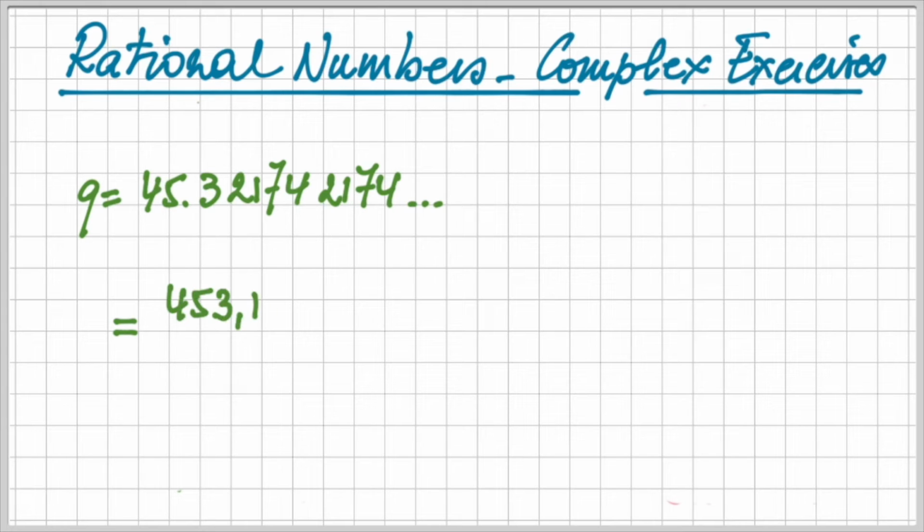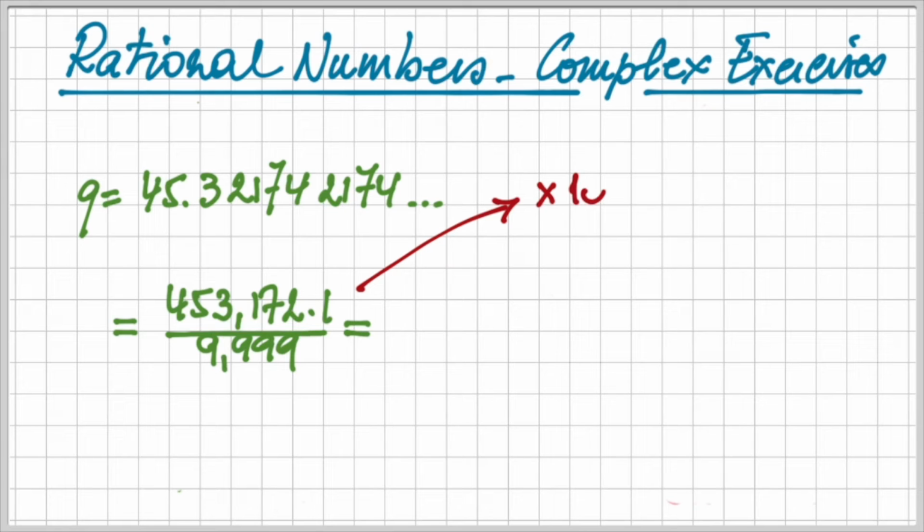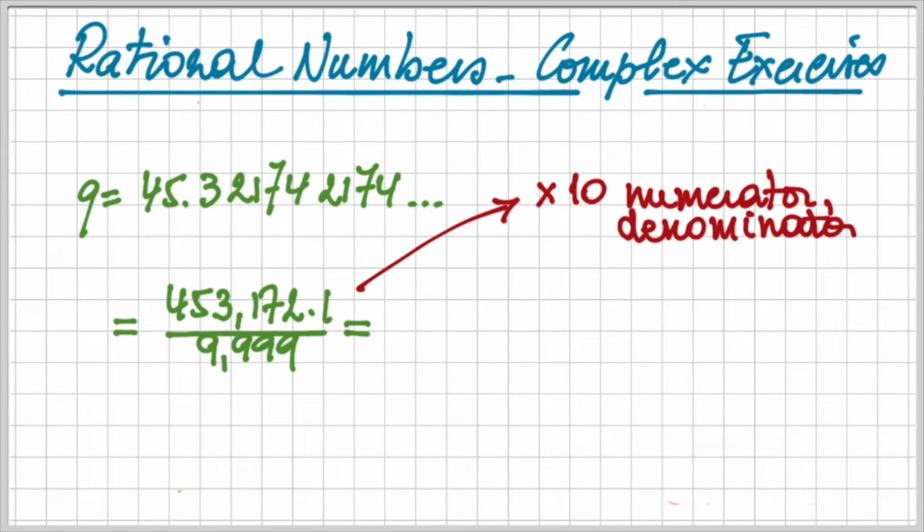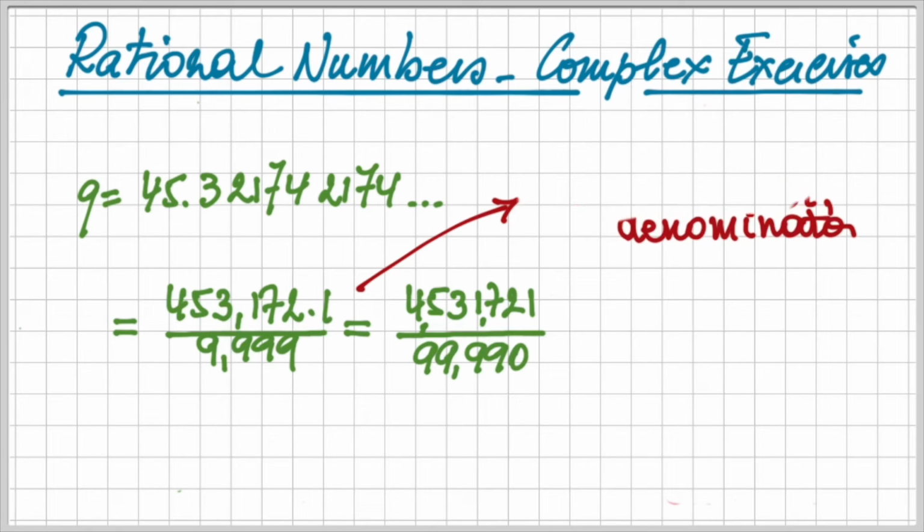So we have the numbers again here, and now we multiply both sides with 10. We multiply the numerator and the denominator with 10, so we can keep the equality. And we see that we have 4,531,721 divided by 99,990.